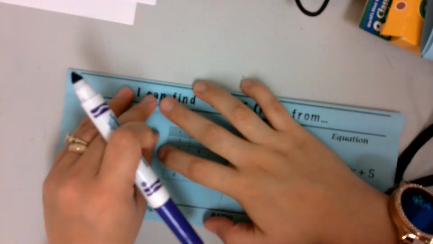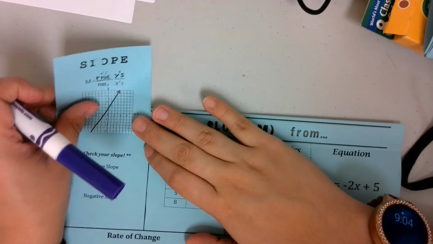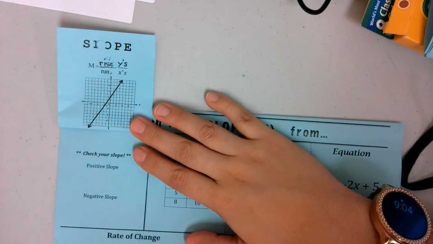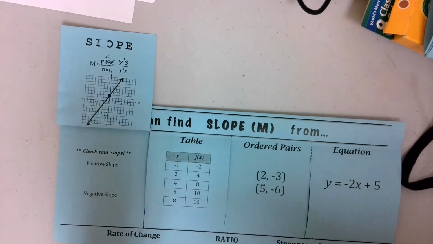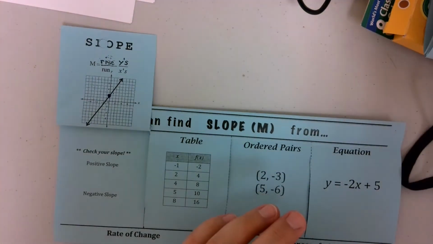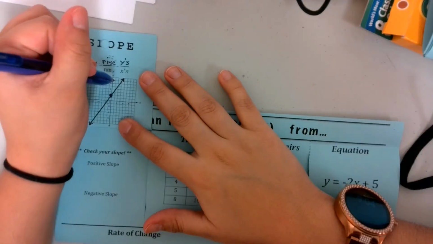Just a quick review. In order to find slope from a graph, we need to find 2 pretty points. So 2 pretty points are points that lie right in the corner of a grid. So for example, this point right here, 0, 2 is a good point. And we could also use this point.